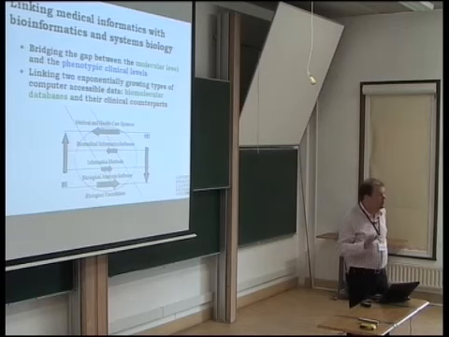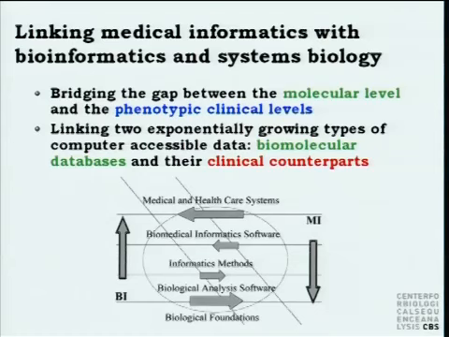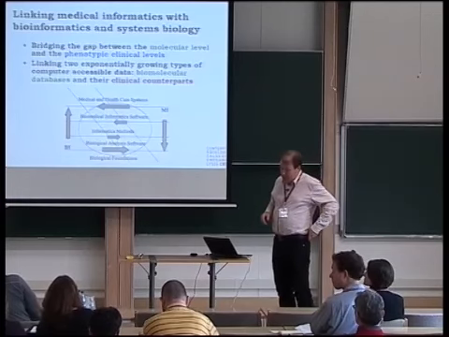And what is important, I think, especially with the medical informatics area, is that the amount of data in electronic form is also expanding exponentially at the moment. We're used to looking at the sequence data and other types of molecular level data in bioinformatics and their exponential growth, but the same is the case, for example, in the healthcare sector, where all hospital systems are now being made electronic, and the amount of computer accessible data is growing very much.